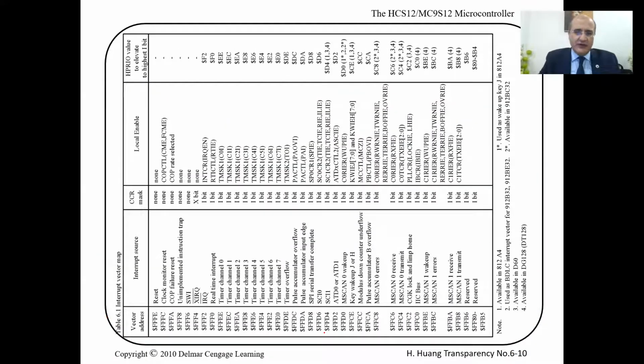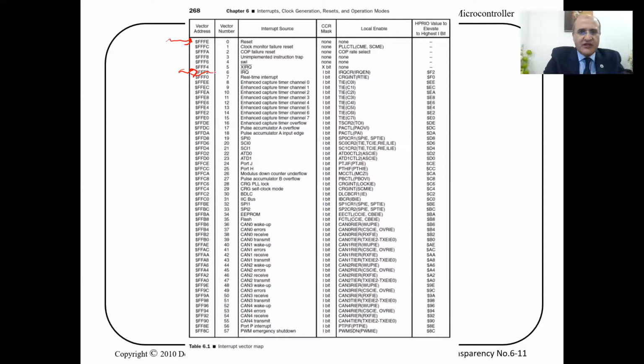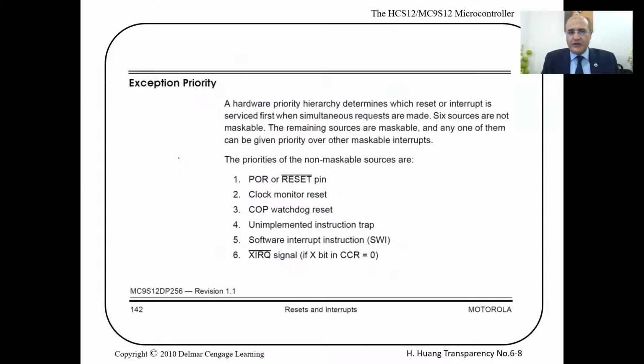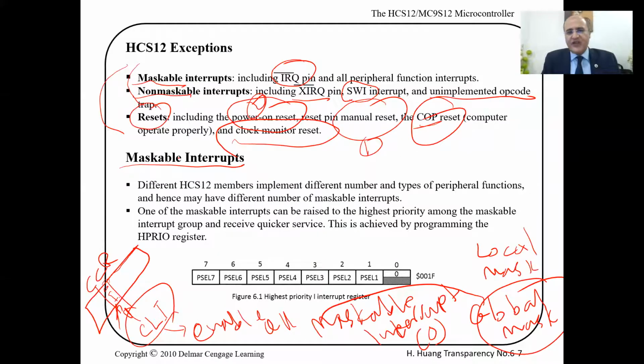And if you look at this table, we'll come to it. Starting with the IRQ here, interrupt number 6 downwards, these are all maskable. That bit will disable all of these or enable all of these. And there was another bit in the CCR register for the non-maskable interrupts, I think it was the X bit.